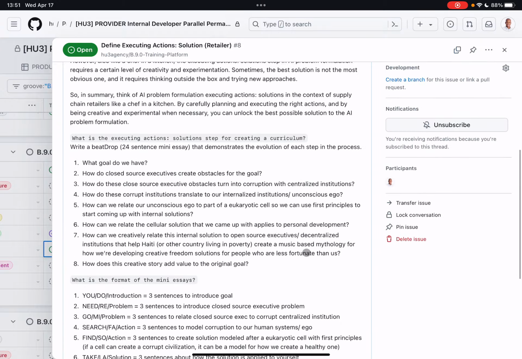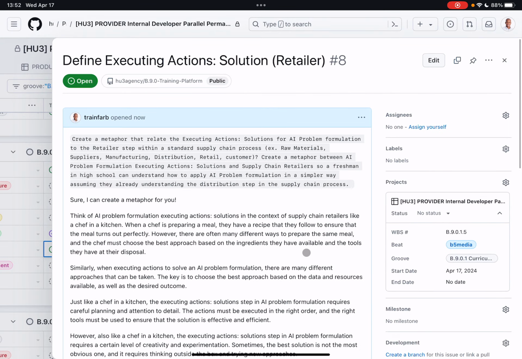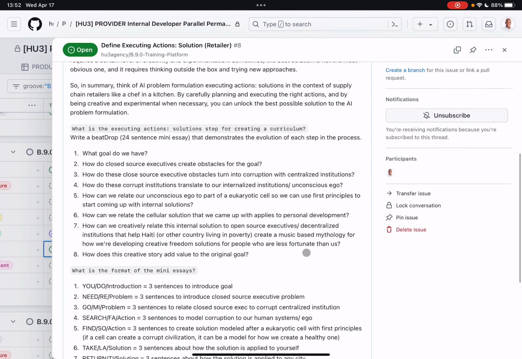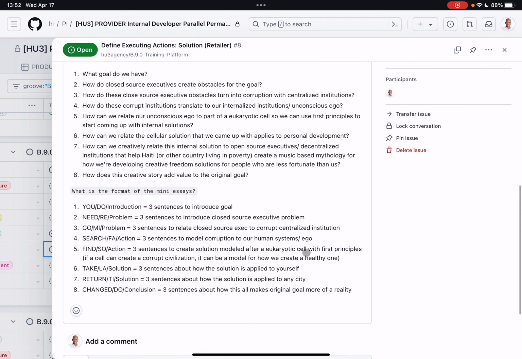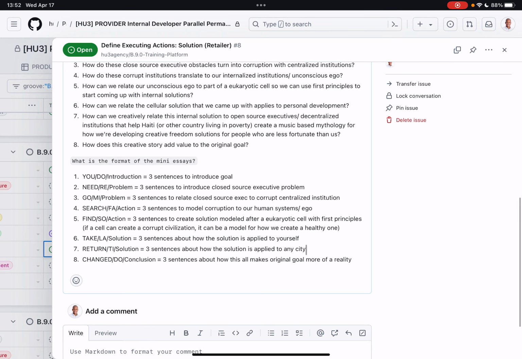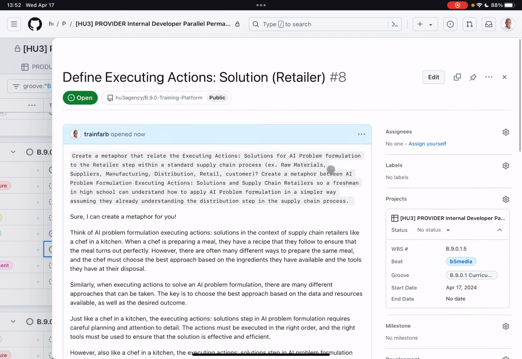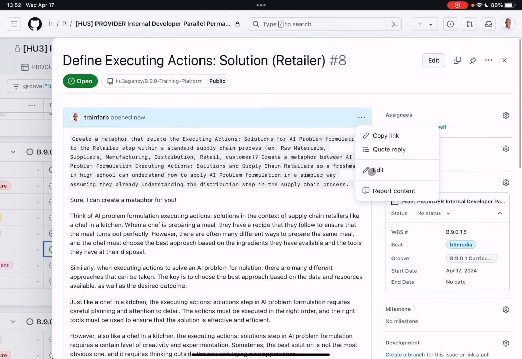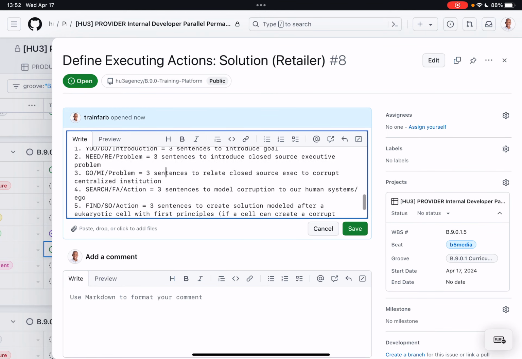Okay, I like this. So now I have this is how we approach the essays that we write. We introduce it. Every single essay is like a beat drop. So it's really going to be like a scale, right?